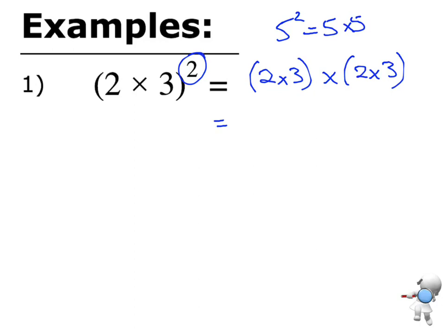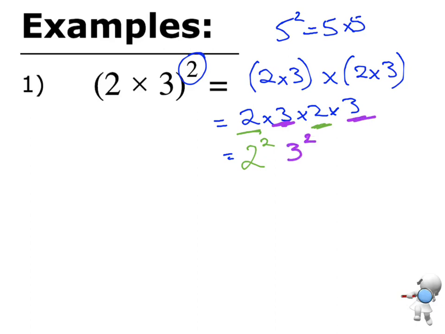So you can see what I get is 2 times 3 times 2 times 3, and I can simplify that in a number of ways. So I can simplify the powers, so I could say, well, hang on, I've got a 2 being multiplied by a 2. That's the same as 2 to the power of 2. I can also then take the 3. 3 times 3 is the same as 3 to the power of 2.